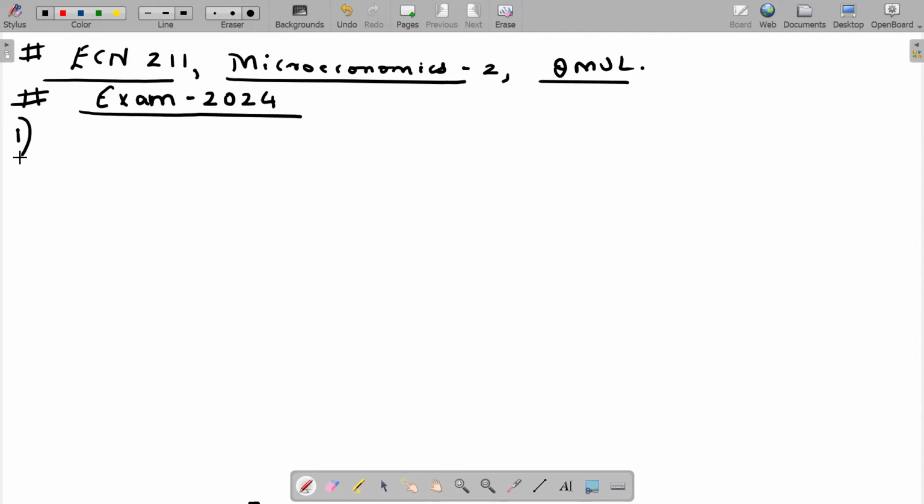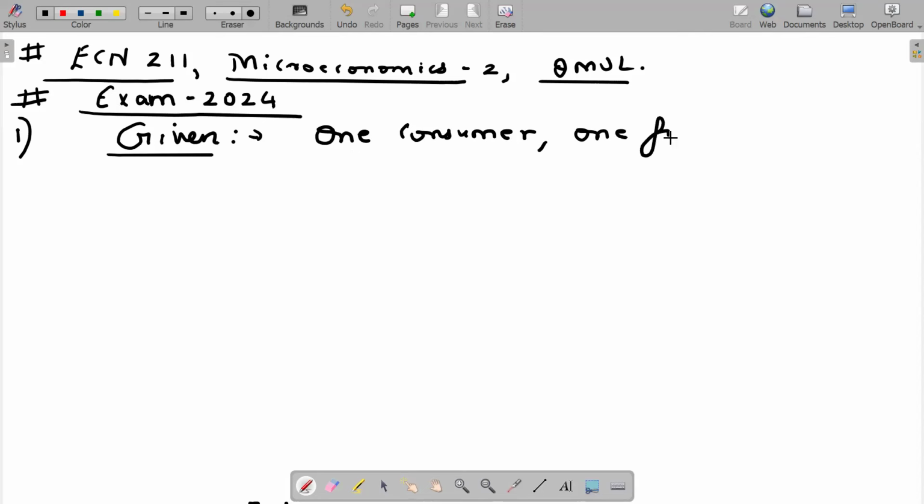I'm quickly writing what is given to us. We are given that there is one consumer, one firm, and two goods: coconuts and time.